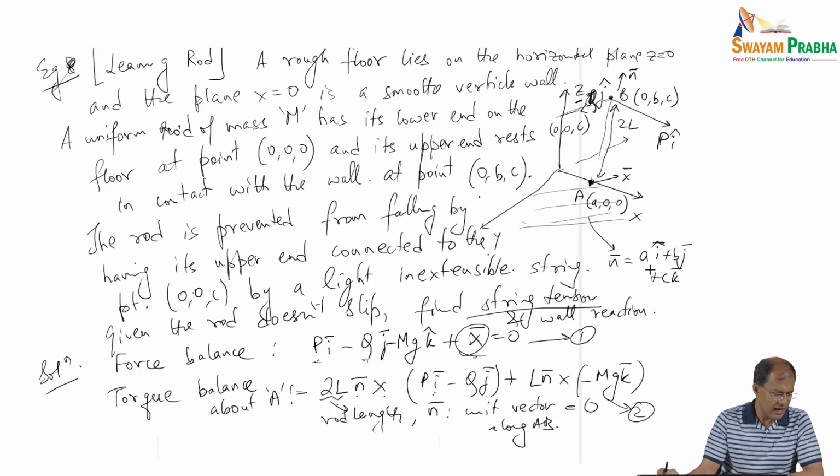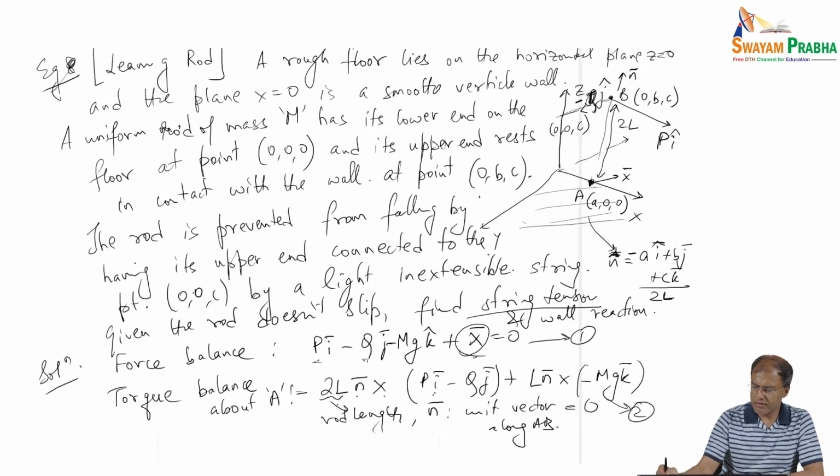Actually, it is minus a times I plus b times j plus c times k, and since we want this to be a unit vector, we divide by the total magnitude, which is the length of the rod, 2l.